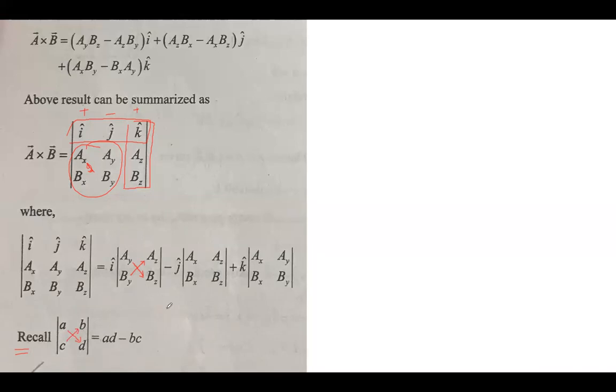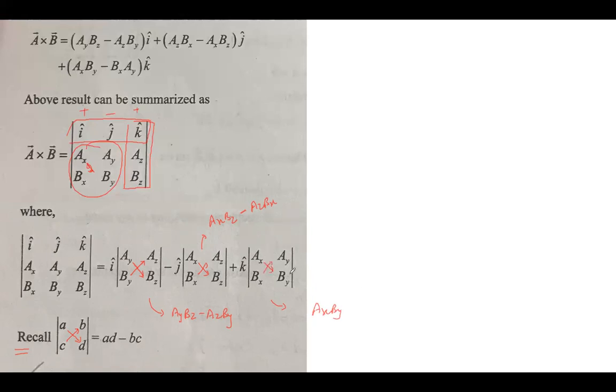So ये जो हमारा है, जो वैल्यू आएगा ये आ जाएगा ay bz minus az by. सिमिलरली यहाँ पे जो वैल्यू आएगा this will be ax bz minus az bx, और इसको जब ओपन करेंगे so this will be ax by, this into this minus this into this.